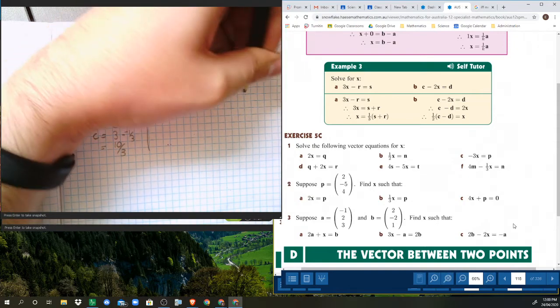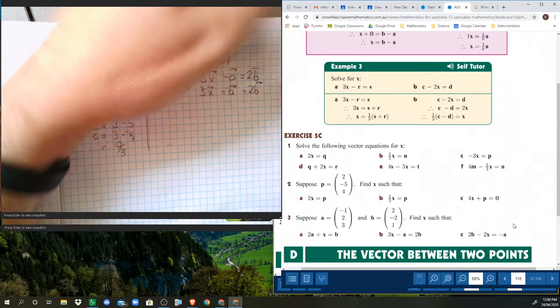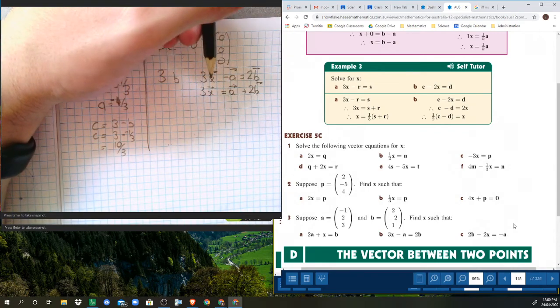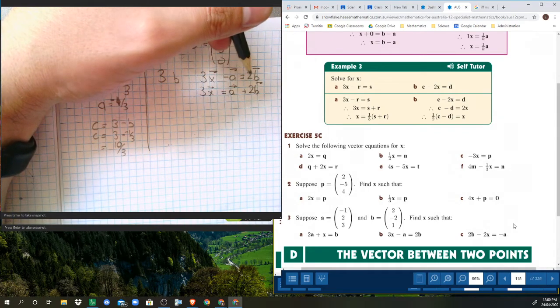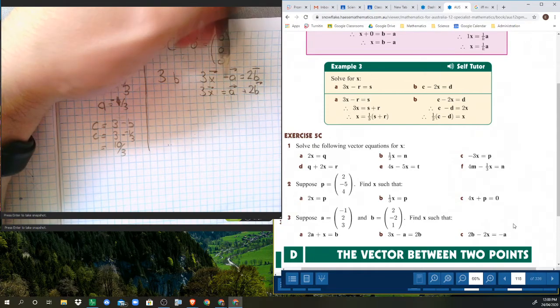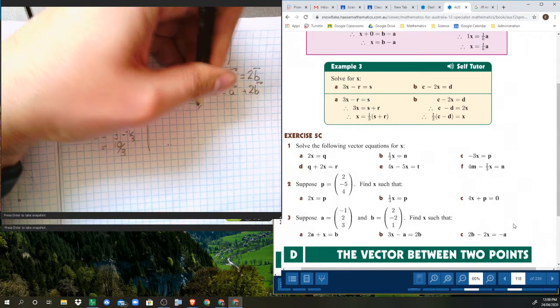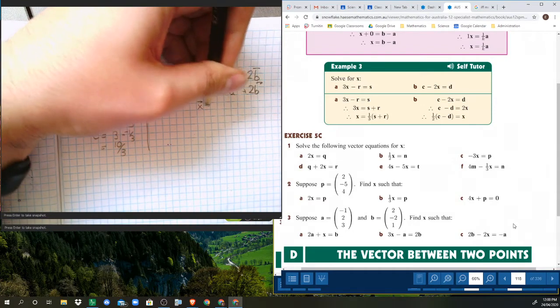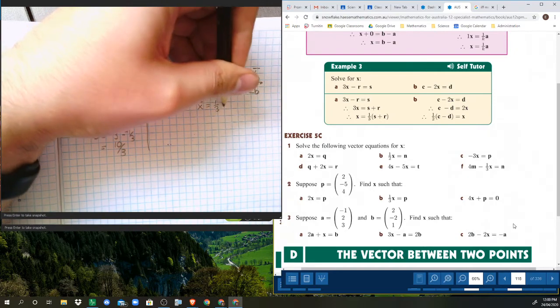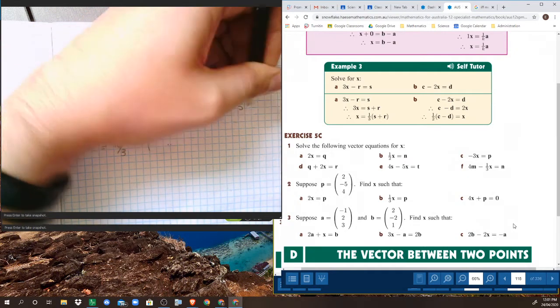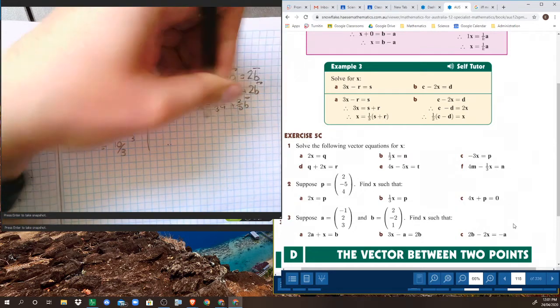You'd be doing that with non-vectors too. Except for one case, if we're going to keep it precise, we're going to times by a third. So it's 1/3 a plus 2/3 of b. So add those vectors.